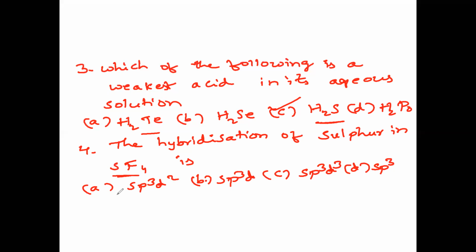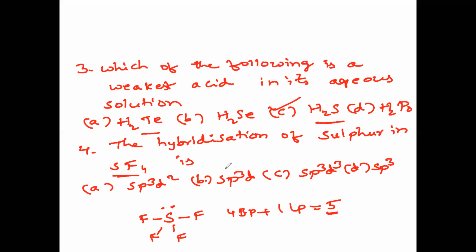So, how to find the hybridization? Sulfur has 6 valence electrons, and 4 of them form bonds with fluorine. So it has 4 bond pairs and 1 lone pair, so the n factor is equal to 5.